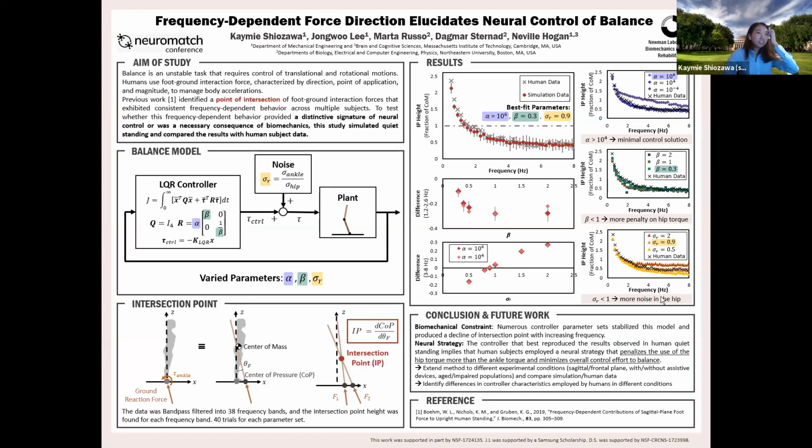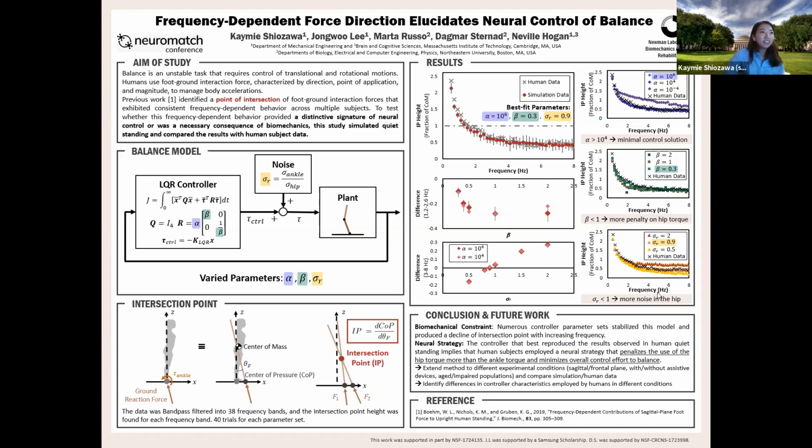That was a little counterintuitive to me and counterintuitive to the previous work that you mentioned, Reza, because I found from data that humans likely use the ankle more than the hip, so it didn't really make sense that there was more noise in the hip, even though we were using the ankle more.